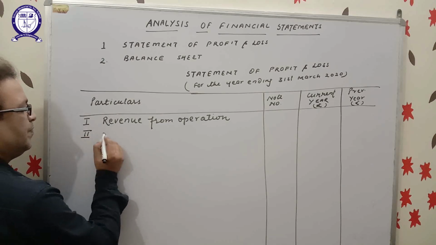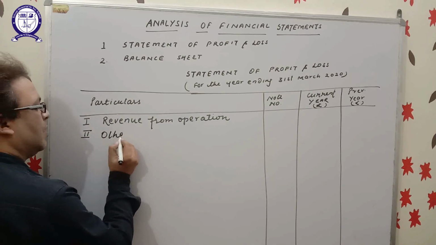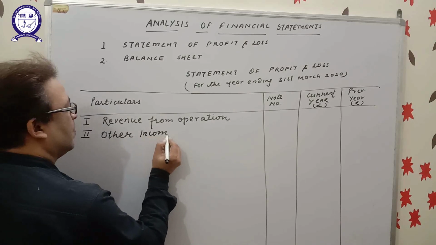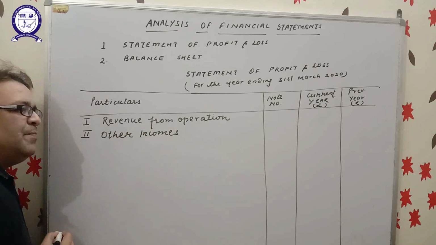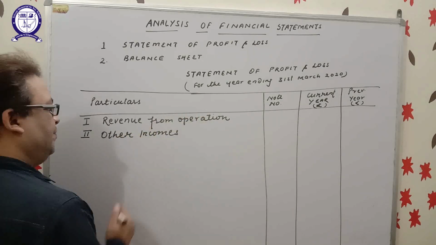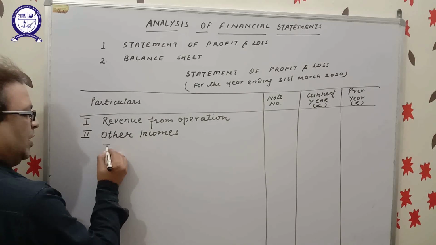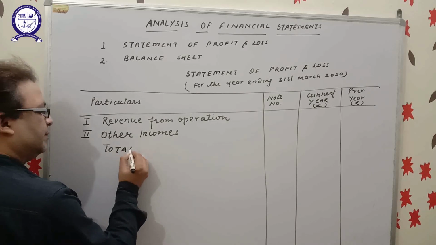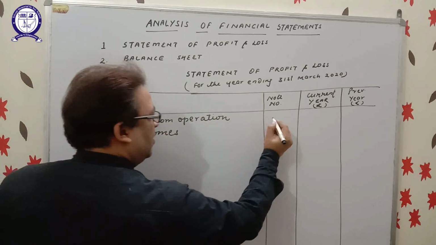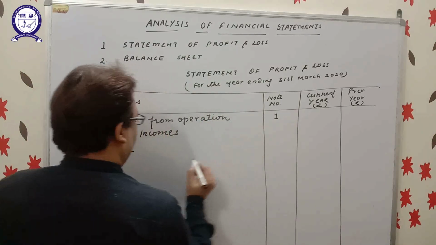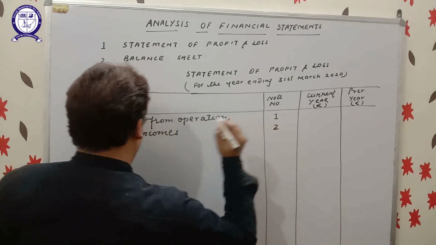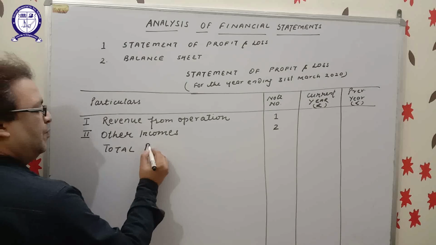Second point, other incomes, for example, interest income, dividend income or rent income. Total. So revenue from operation, note number 1. Other incomes, we will explain this in note number 2. Total revenue.